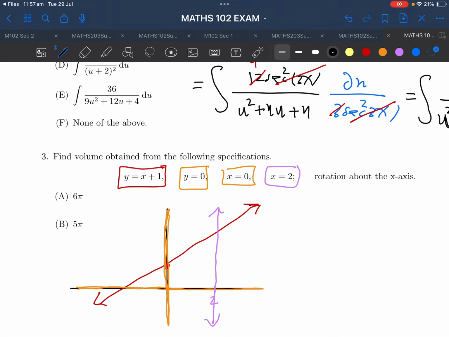And now where is my region? Where is the region between all those? I guess this is my region. Of course, don't mix it with this one, because it will be the region between all these. And then we need to do it around the x-axis. This is the x-axis.